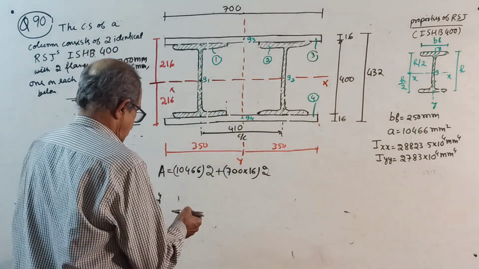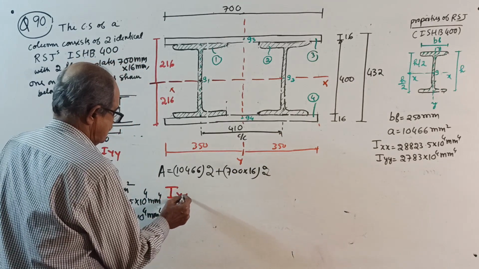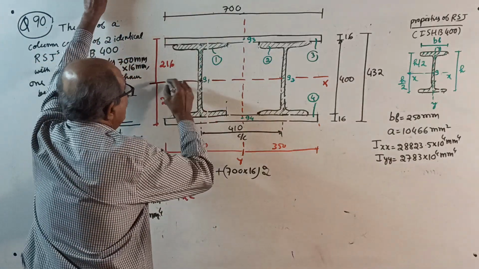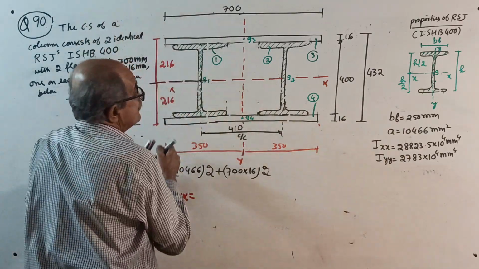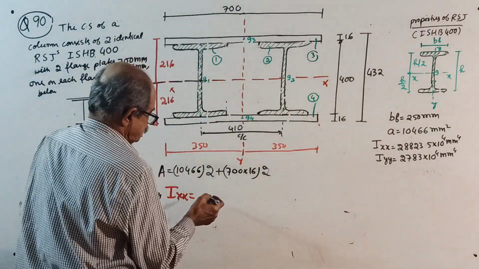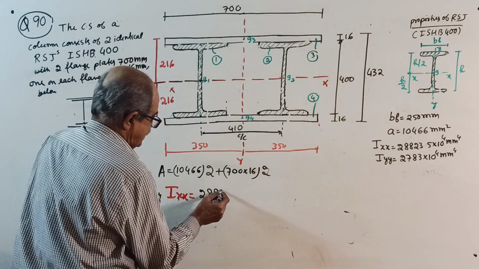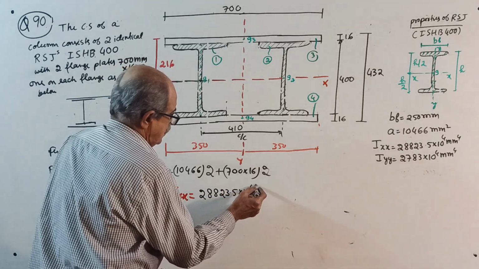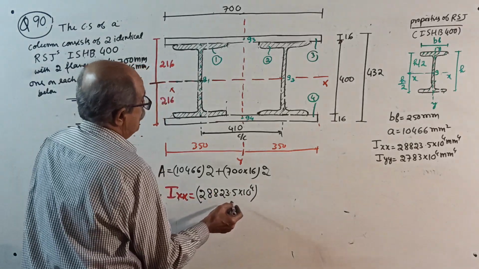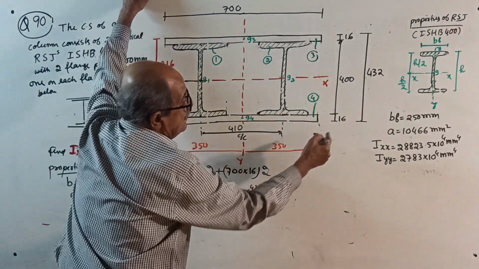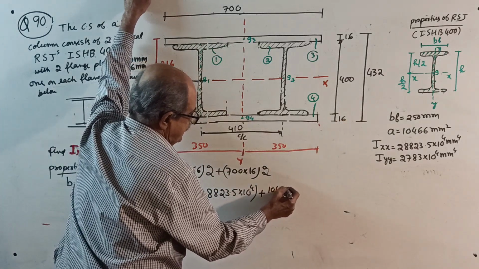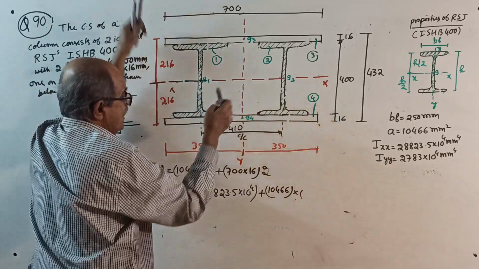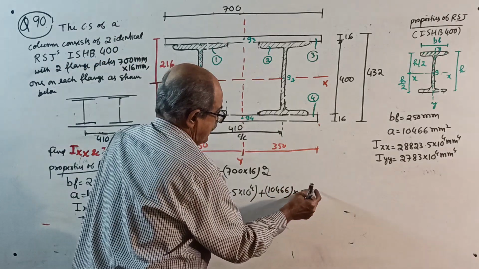Okay, now IXX. Before that, you should write the usual story. Start: I about its own centroidal axis, this axis, is 28823.5 into 10 to the power 4, that is Ig, plus area times distance squared. The area is 10466, into the centroid G1 lies on the XX axis, therefore into 0 square.